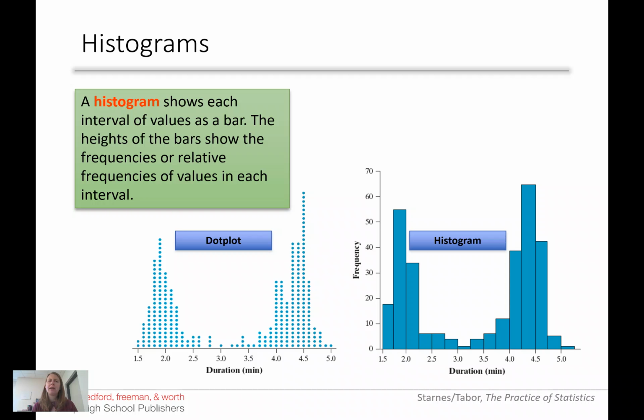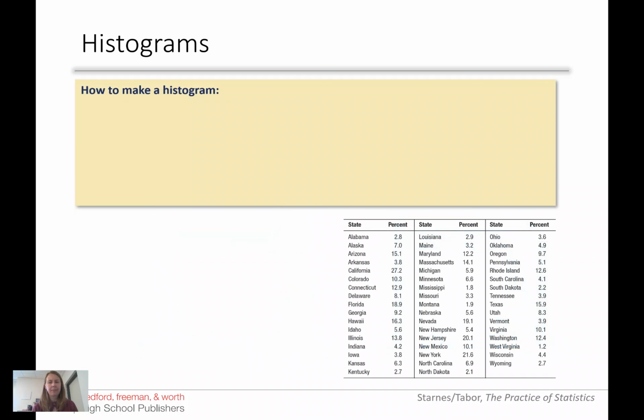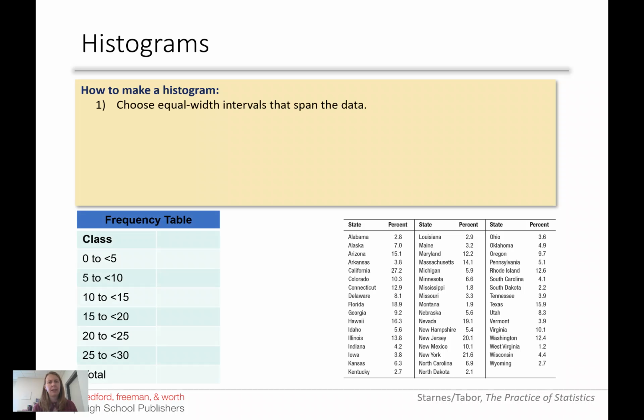One thing to be careful of is if you're graphing histograms on your calculator, if you do the stat zoom, sometimes the bin width that it makes, so the width of your histogram's bars, can be a little weird. So you usually want to set that in your calculator, and we can go through that in class. All right, so how to make a histogram. Your widths for your intervals have to be the same.